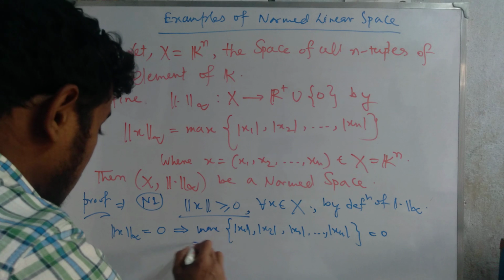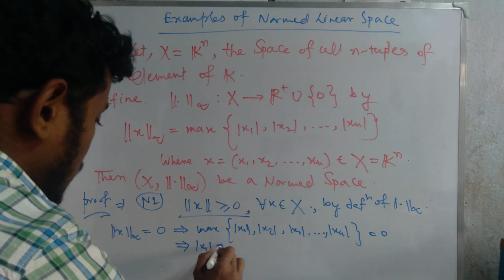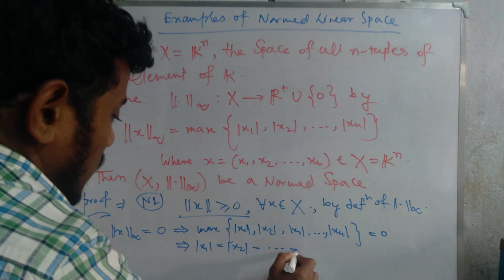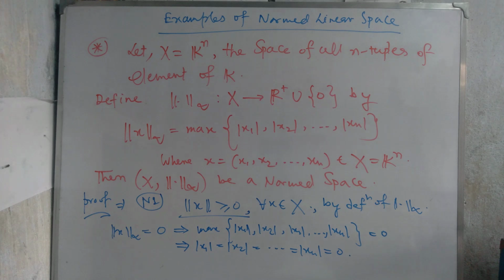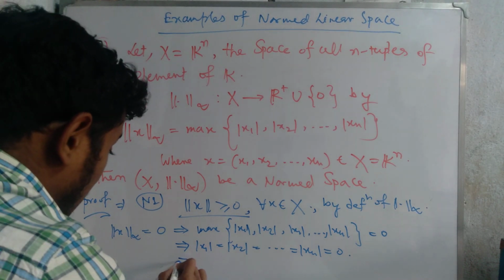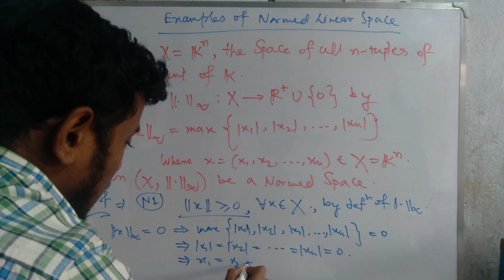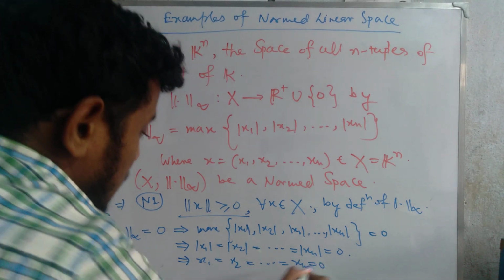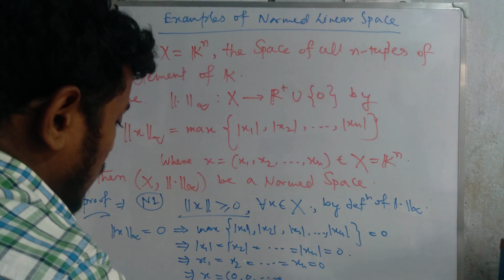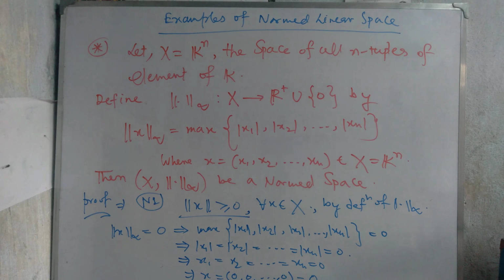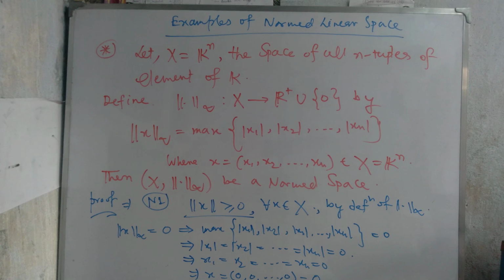This implies mod x1, mod x2, dot dot dot, mod xn are all equal to 0. If greater than 0 then this maximum would be greater, and less than 0 is not possible, so all are 0. Norm is 0 means each entity is 0. Then x equal to (0, 0, dot dot dot, 0), which is the zero element belonging to K to the power n. Not a problem at all.